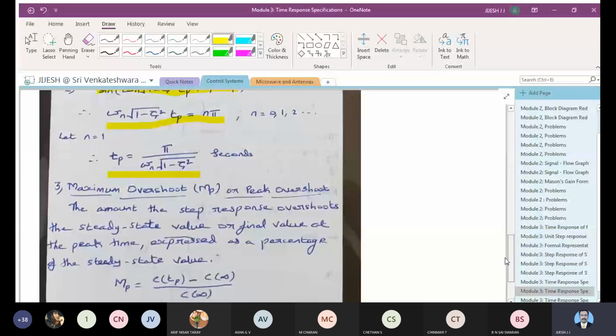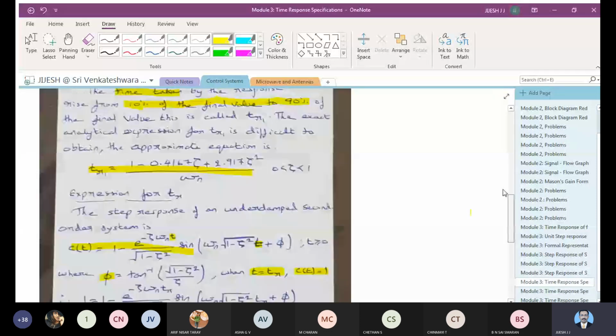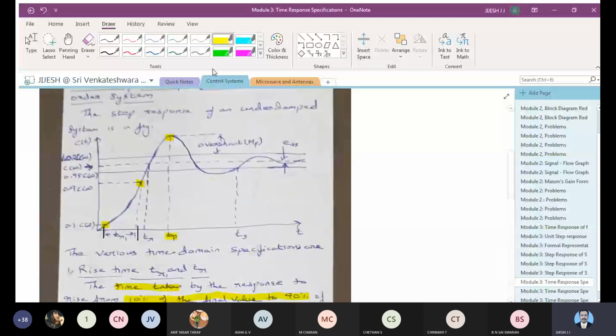As you have already studied from the figure, this figure is very important, and I have told you that you have to understand this clearly. In this figure, you can see that this portion is called the maximum overshoot, and it is denoted as Mp. It is where you are getting the maximum peak.